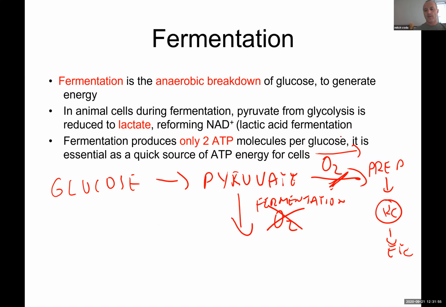Now, if you don't have oxygen, like for example, when you go running, you slowly start running out of oxygen. Why? Your cells are starved from oxygen. You don't really run out of oxygen, but you run out of breath. Because your cells require a lot of oxygen, but as you run, they work harder and harder.